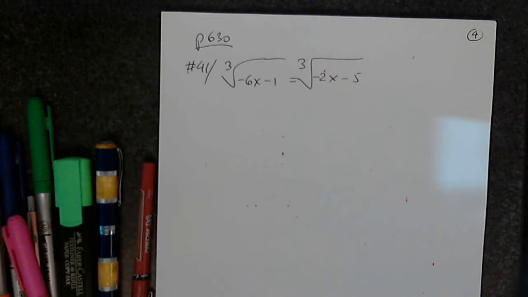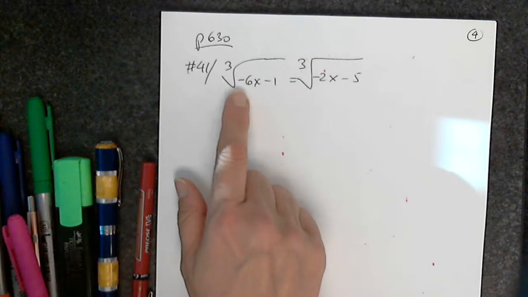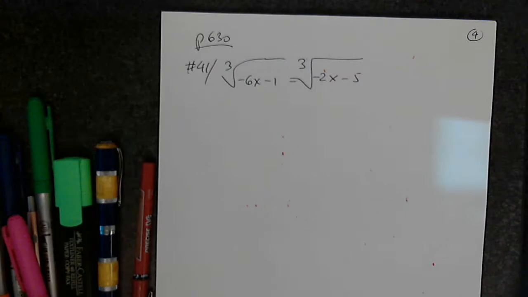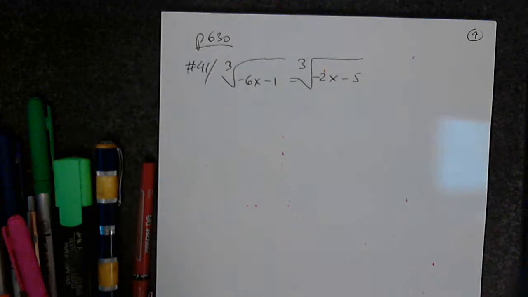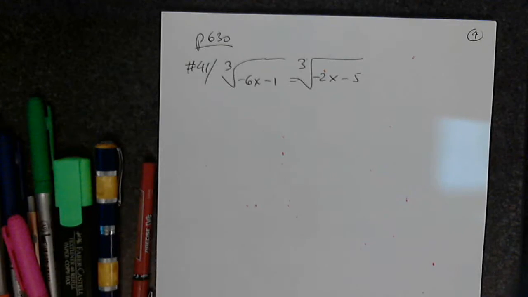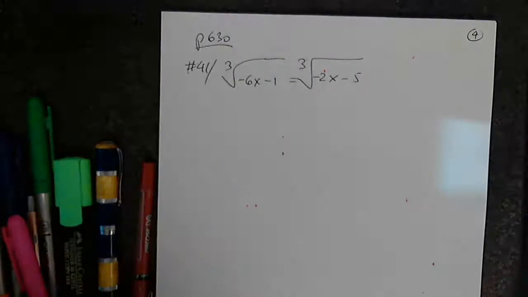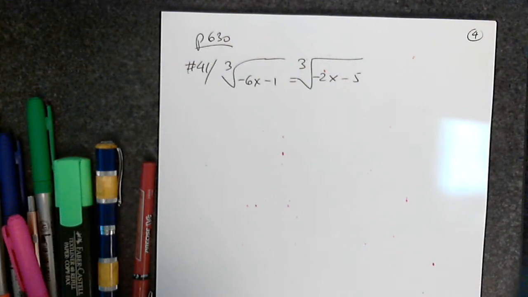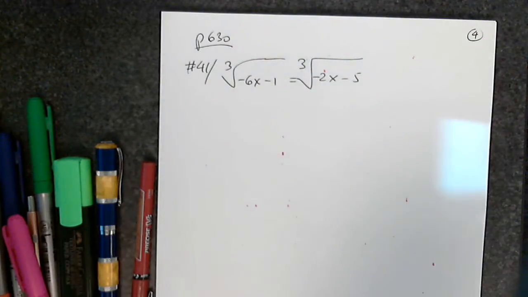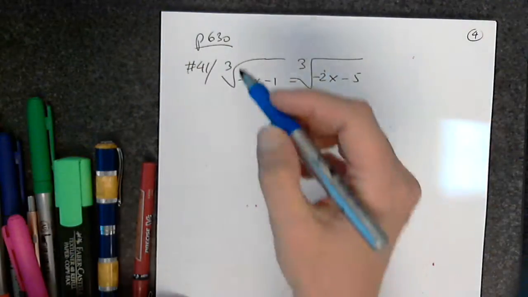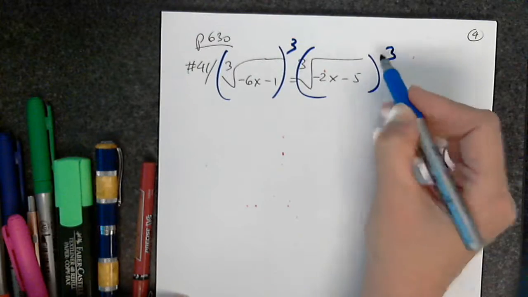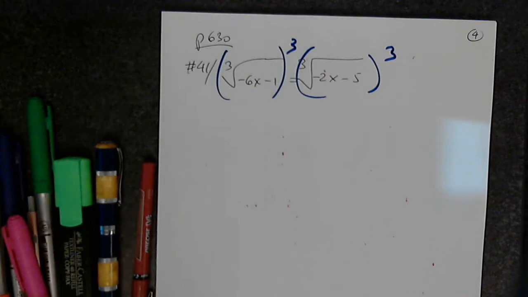Problem 41 on page 630. We cannot simplify. The cube root of a sum cannot be simplified in any way, shape, or form, or a difference. I can multiply by 10, but it was not going to help. Just cube each side. Wonderful. That's the trick. To cube both sides to eliminate the radical.